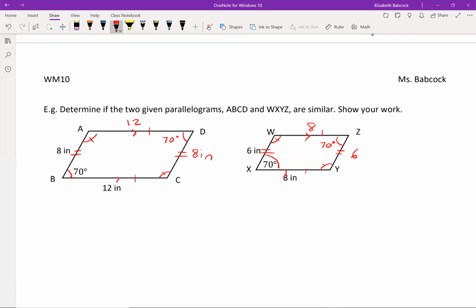We don't know what their measure is, but we know because of properties of parallelograms and four-sided shapes that our interior angles add up to 360.